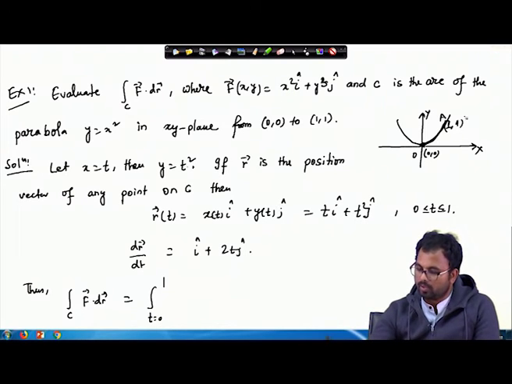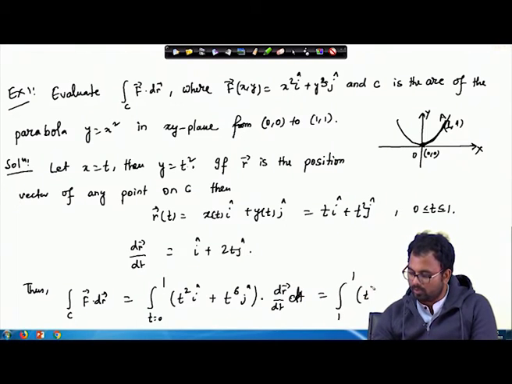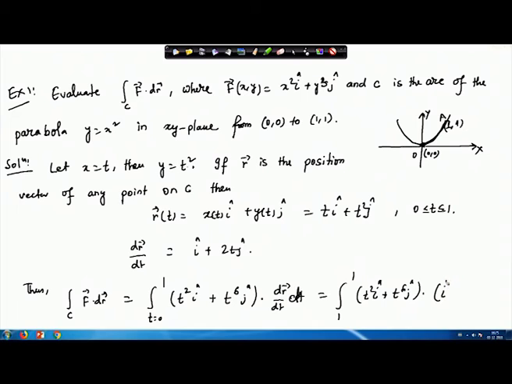We are integrating along this curve C, so x is t and y is t squared. So, f is t squared i plus t to the power 6 j, times dr/dt. So, this is the integral from 0 to 1 of (t squared i plus t to the power 6 j) dot (i plus 2t j) dt.